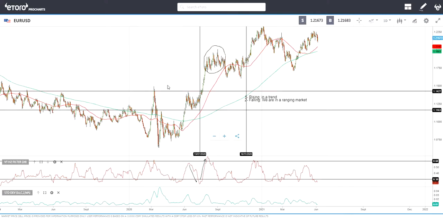I hope you learned something, and just keep researching, keep backtesting the indicators on different time frames, and try to find the best indicator based on your strategy and your trading character.